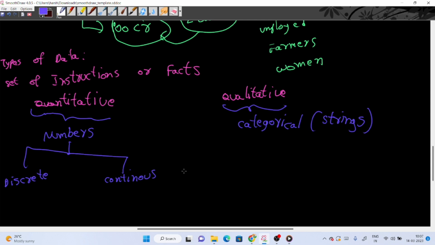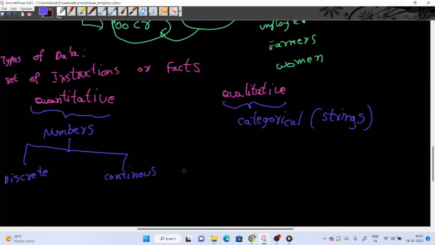Now let us understand about discrete. Discrete is nothing but having a unique whole number. For example, let us say number of students or else number of hospitals in the city.